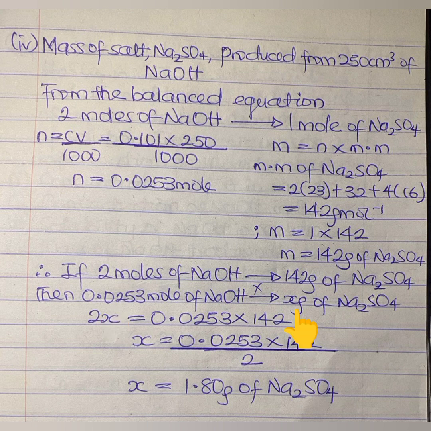X gram. Because I got that 0.0253 from the question, because I need to convert that volume given in the question to mole. So in the end, I cross multiply. My 2X is 0.0253 multiplied by 142. So divide both sides by 2. My X will give me 1.80 grams of Na2SO4. That is the solution for question 3.